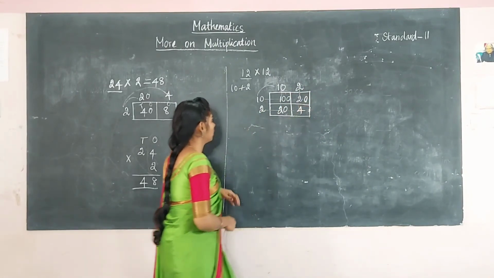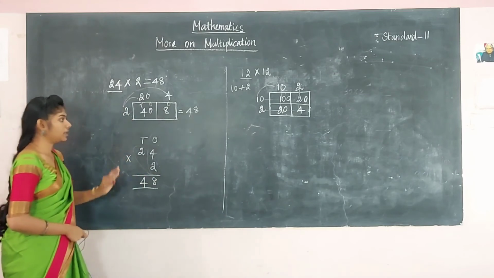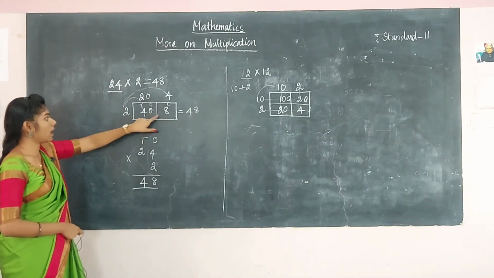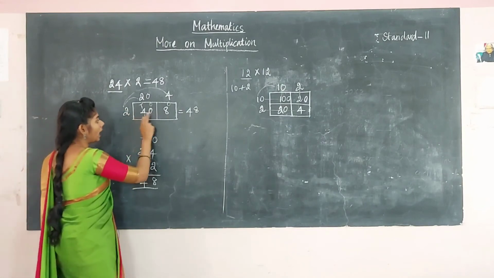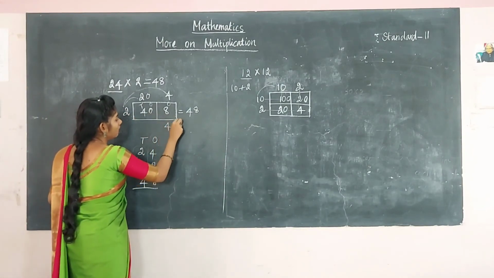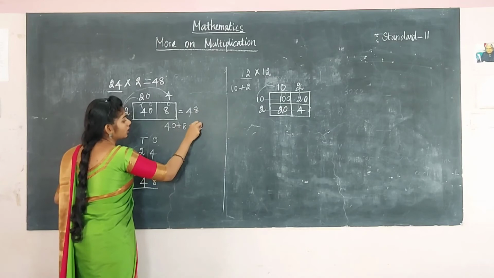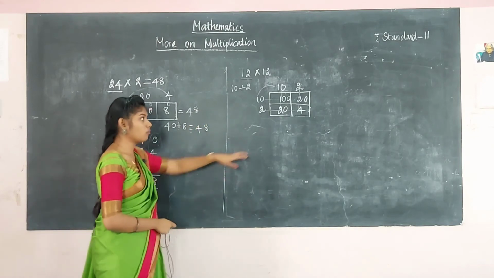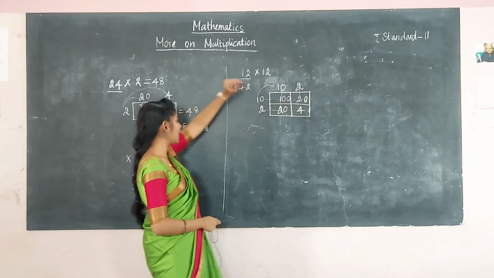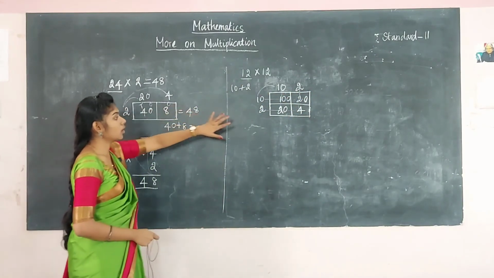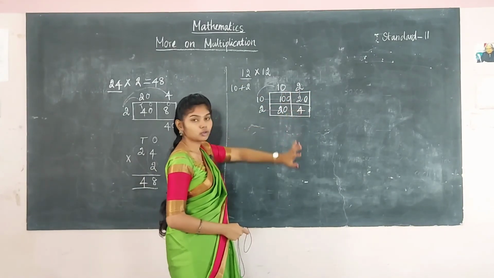Now how to find the answer is the same way as we added these two numbers, 40 plus 8, which is 48. We found it here, no? The same way for here also. You have to add all the numbers. These four numbers should be added.